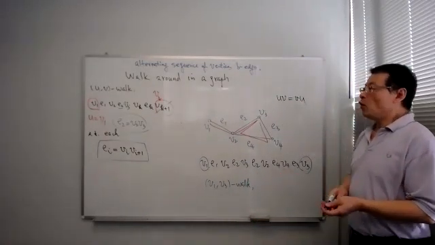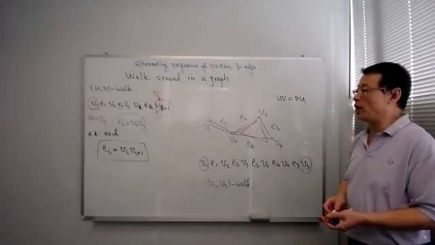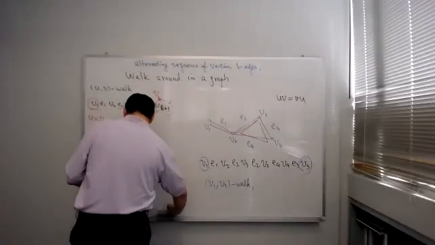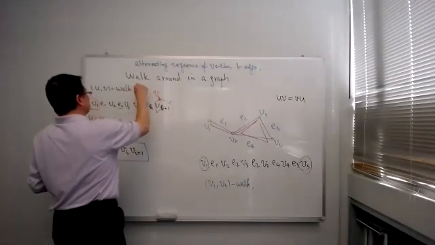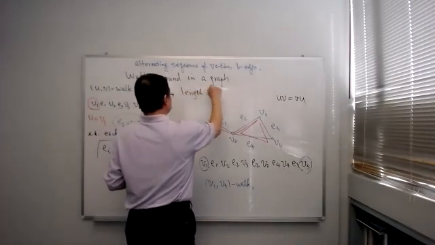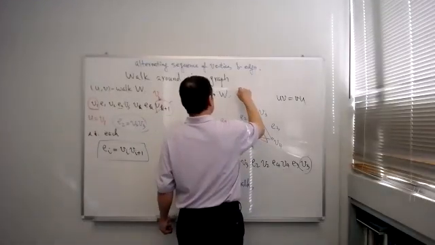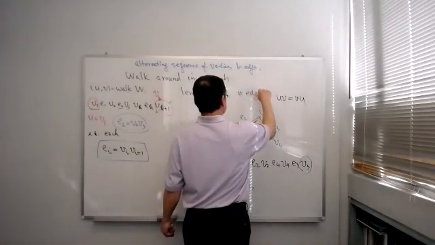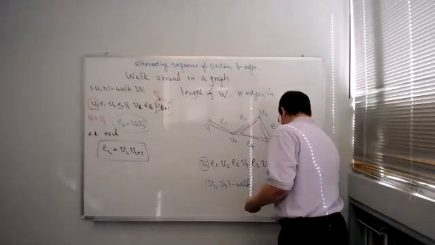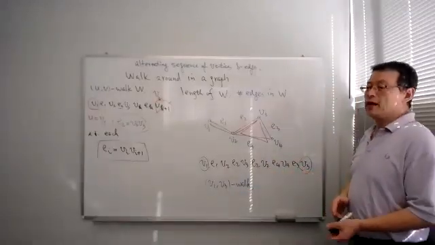All right. Now for a walk, the number of edges involved is called the length of the walk. So here, the number of edges involved is called the length.